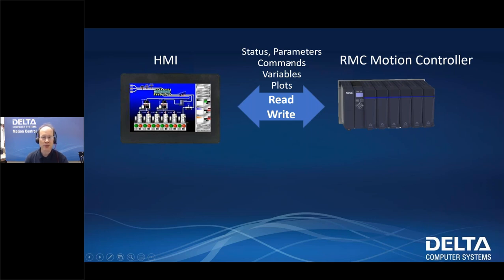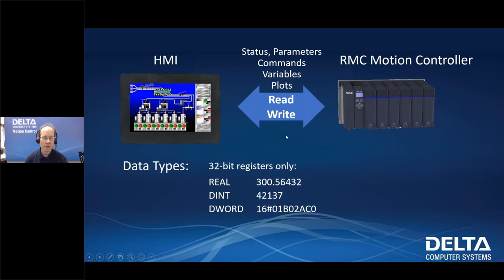Sending commands, reading and writing variables that are typically used in user programs inside the motion controllers. For commands, we can send motion commands or we can start user programs. And occasionally reading plots from the motion controller. Not many HMIs support reading plots, but it is of interest sometimes.